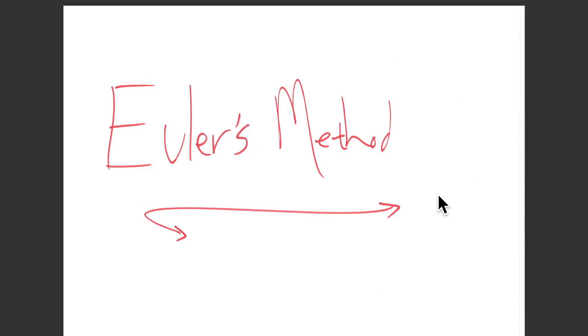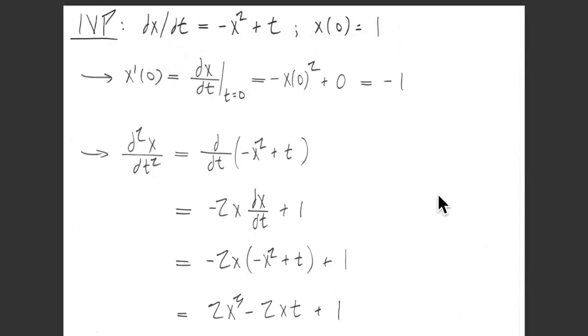And so the way I'd like to introduce Euler's method is actually by looking at a problem from the point of view that we've been taking up to now, that is trying to do a power series solution for this equation, this initial value problem. dx/dt is minus x squared plus t, and x of 0 is equal to 1.